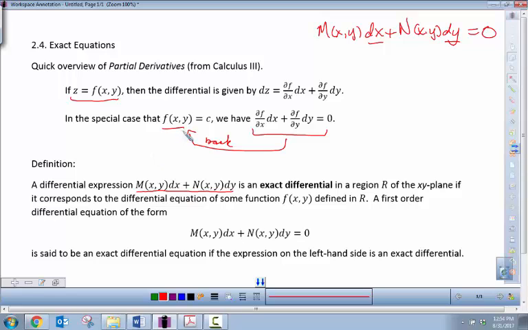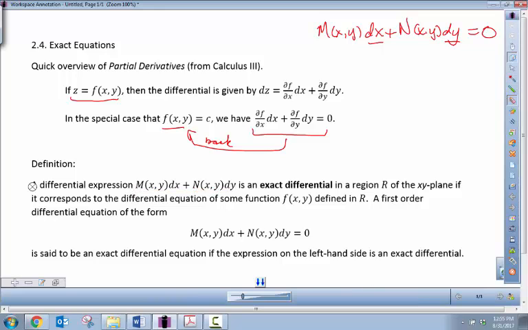Now, if we don't care to solve for y by itself, we would have the left-hand side with x's and y's combined. If we leave it like that, then it would be what we would call an implicit solution. And we did talk a little bit about that. Okay? So that's the Calc 3 background. Now back to our class.